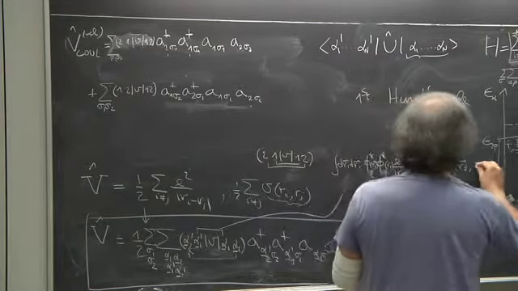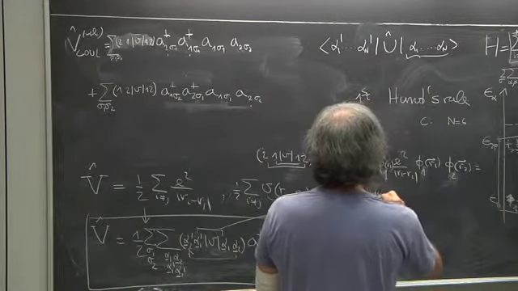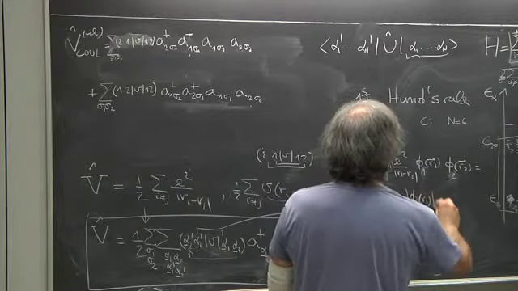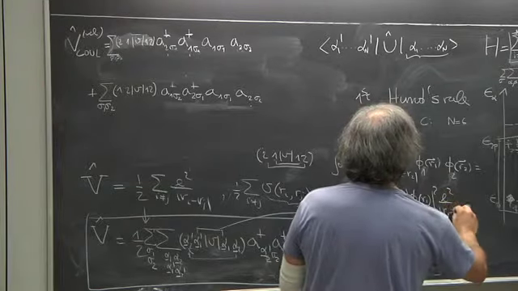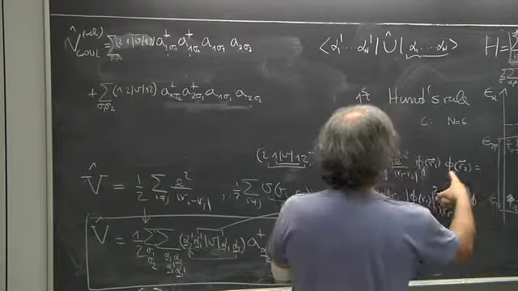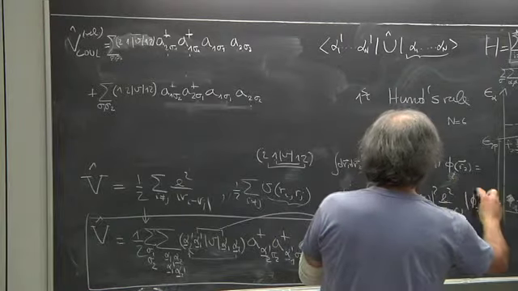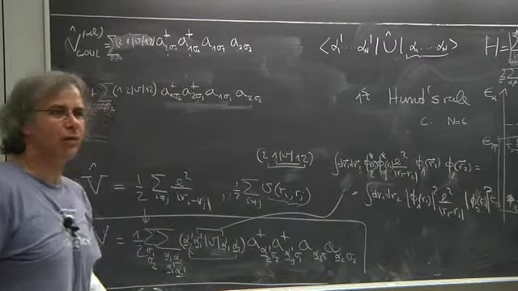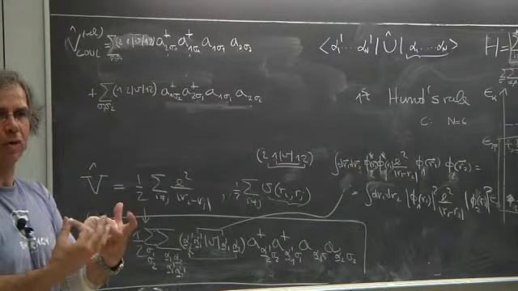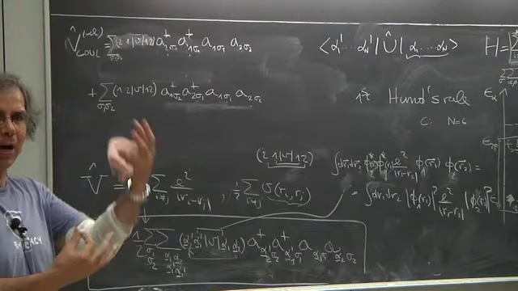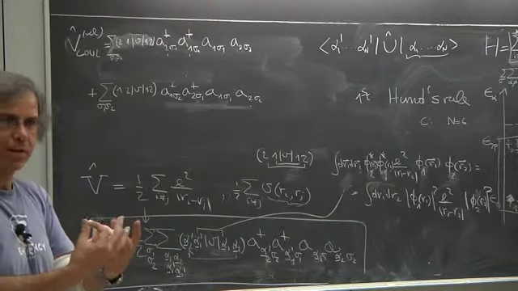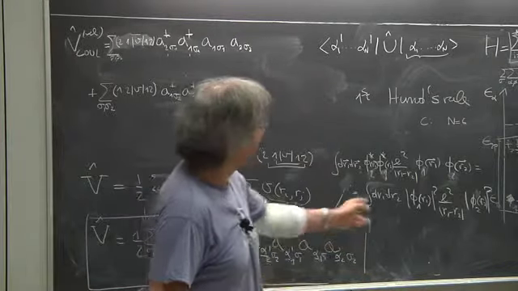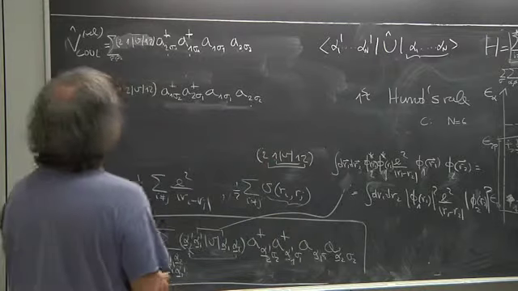So I can rewrite this as integral of phi 1 R1 modulo square E square over R1 minus R2 phi 2 star, R2 modulo square. Okay? So this is an obvious interaction between the two charge distributions in orbital 1 and in orbital 2. Okay? So this is exactly what classically the two charge distributions would cost.